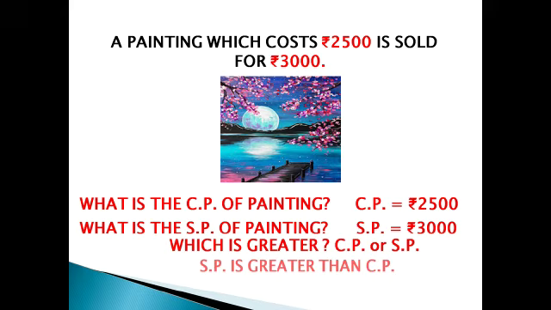What is the selling price of this painting? Yes, selling price of this painting is 3,000 rupees. Now, could you guess which is greater, cost price or selling price? Yes, selling price is greater than cost price.